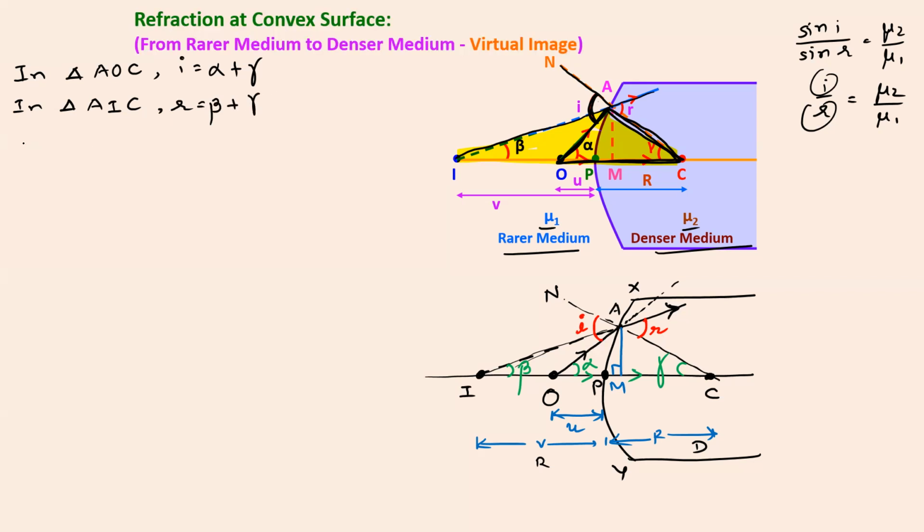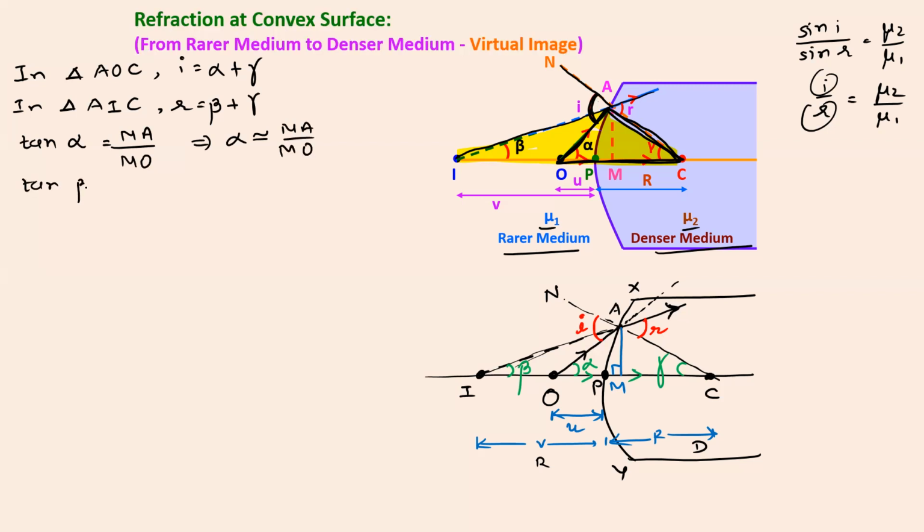Now as we know, tan alpha is equal to opposite side, MA by MO. That means alpha is similar to MA by MO.